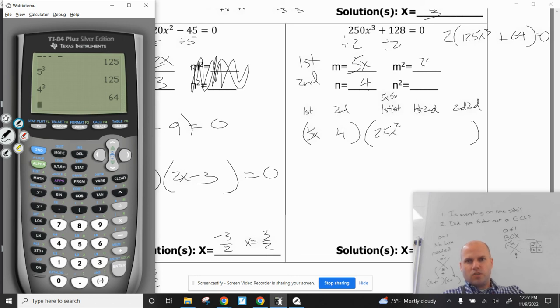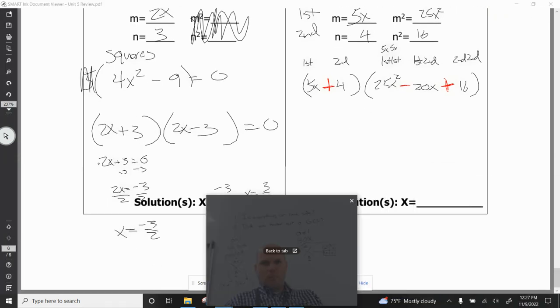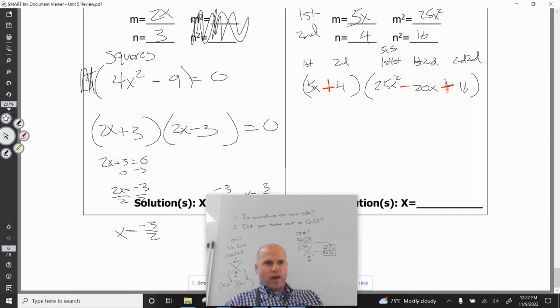That's what some teachers will look for right there. First times second is 20x. Second times second is 16. SOAP: same, opposite, always positive. The only solution we'll get is from this one in factored form.